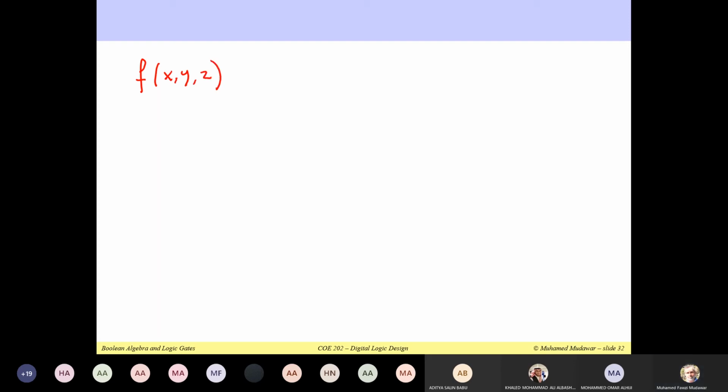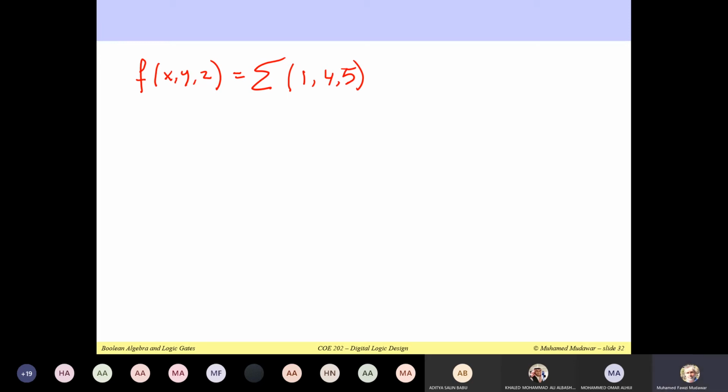Can you see this? Yes. I'm going to write it in sigma notation. So sigma means these will be the minterms. Between parentheses, I'm going to list the minterms 1, 4, and 5. Now, these are the minterms of the function.